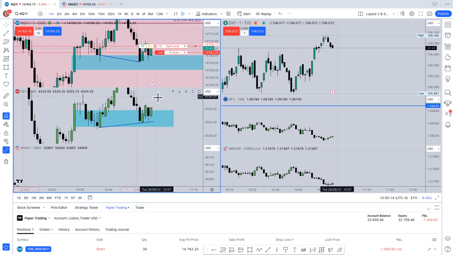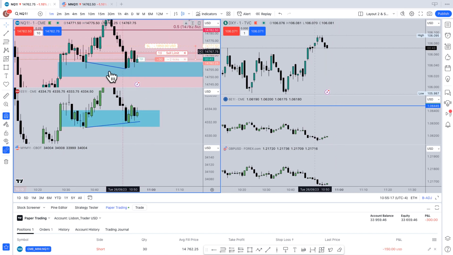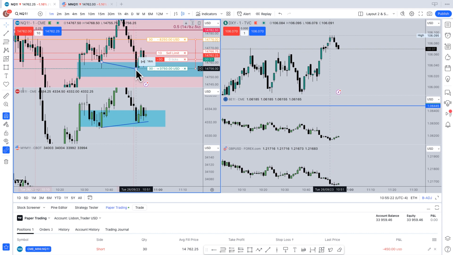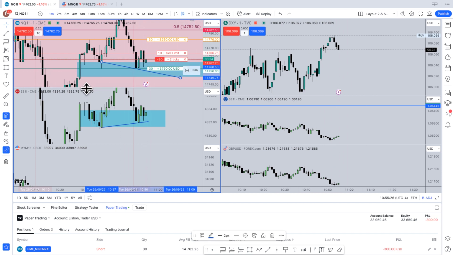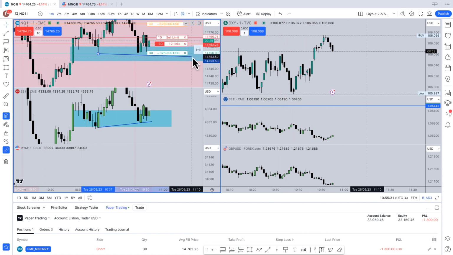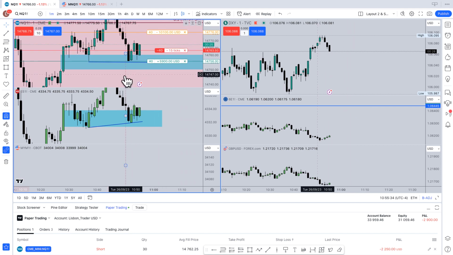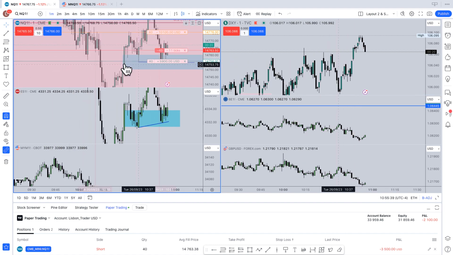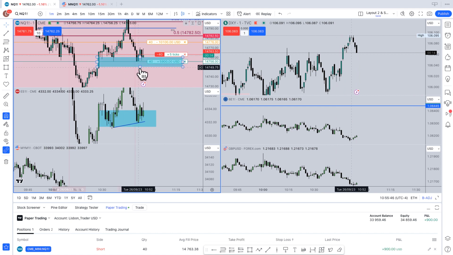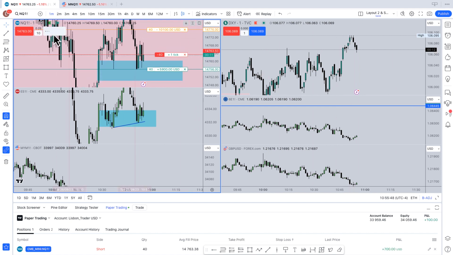I think let's see if those equal highs will be triggered. Okay, reducing, want to sell some more above.